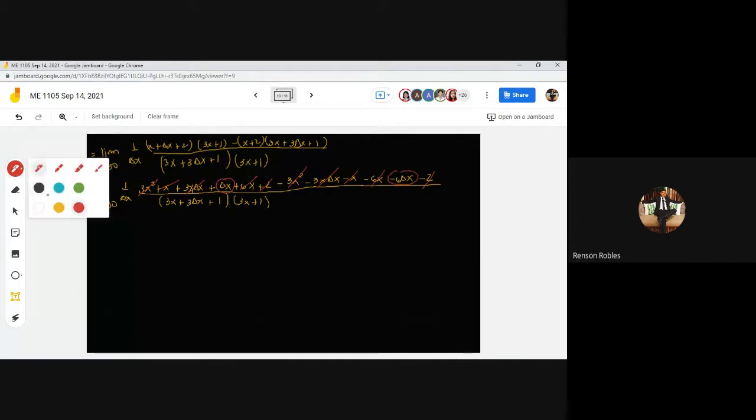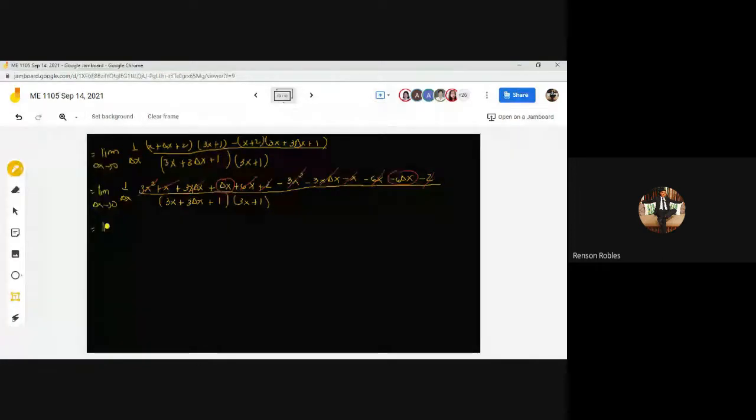So you now have limit as delta x approaches 0, 1 over delta x. On the numerator, we still have 3x plus 3 delta x plus 1 times 3x plus 1. And then you now have negative 5 delta x, negative 5 delta x. Then you can cancel this out.